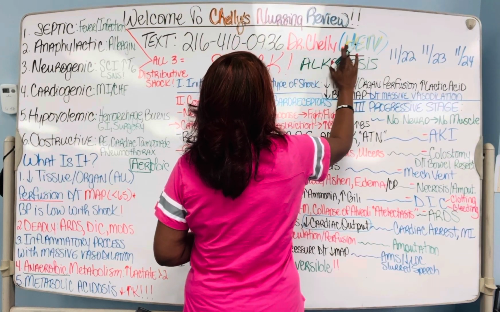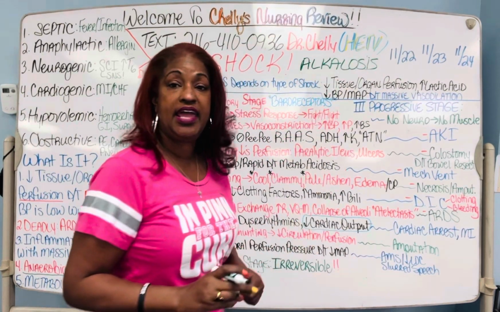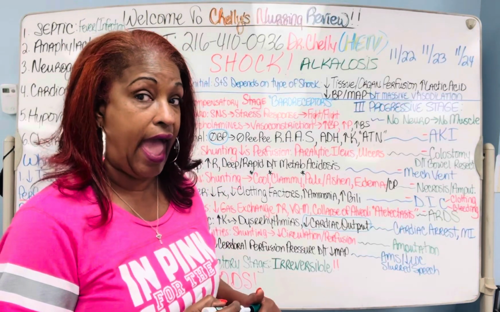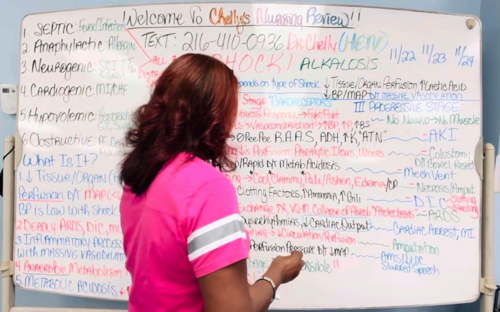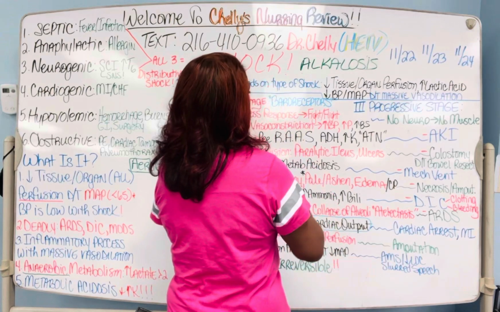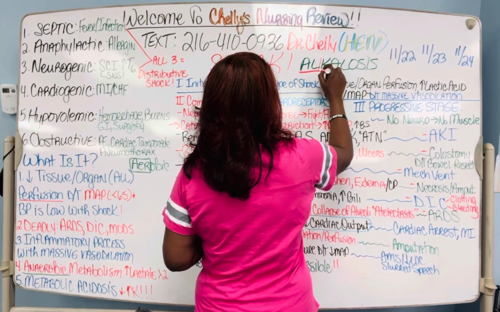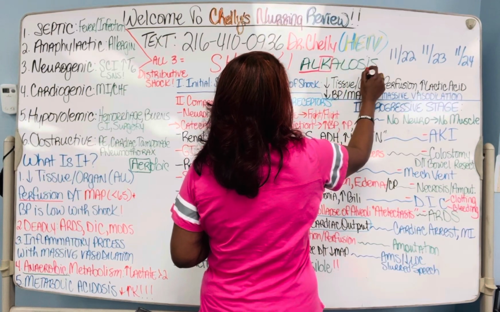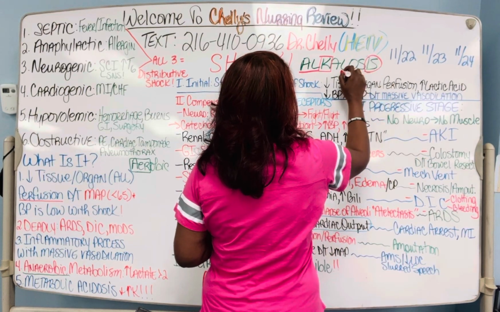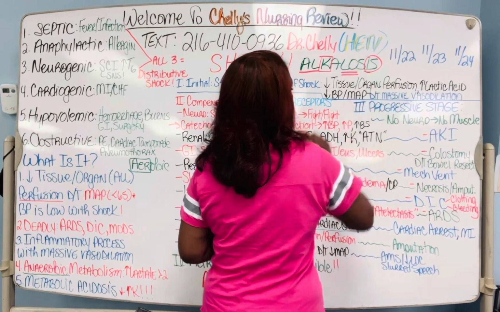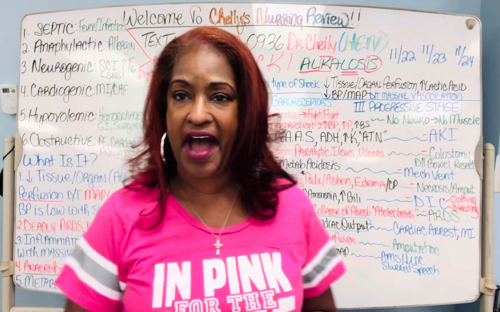I'm talking about acidosis. But if I'm talking about alkalosis, which is the opposite, you just want to remember with alkalosis, all K is low. How you like me now?